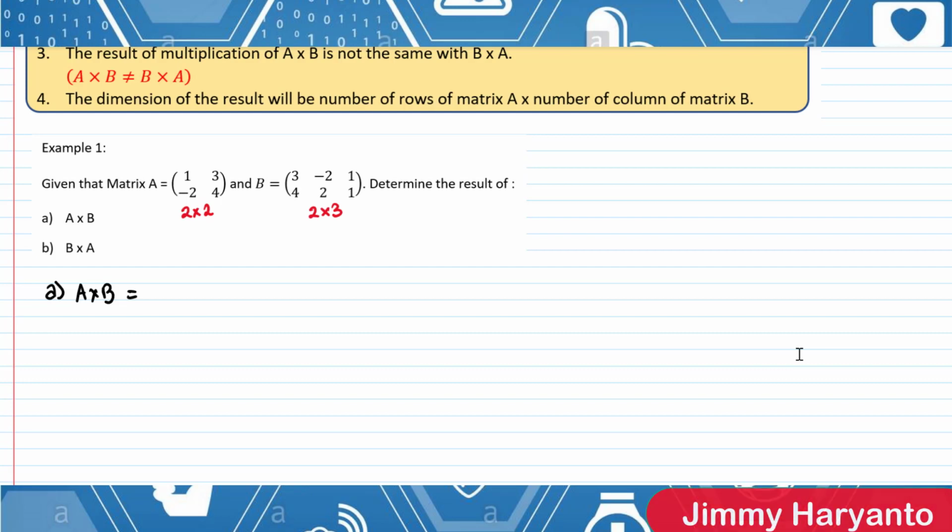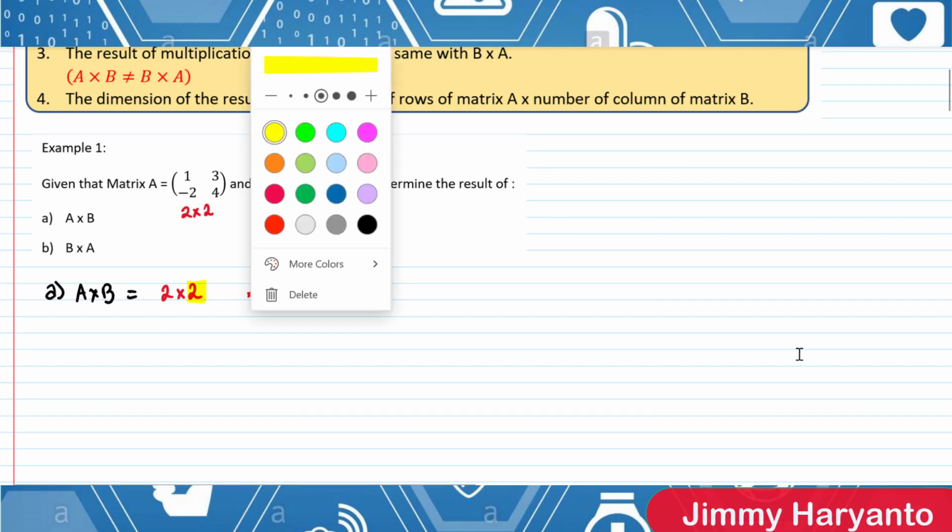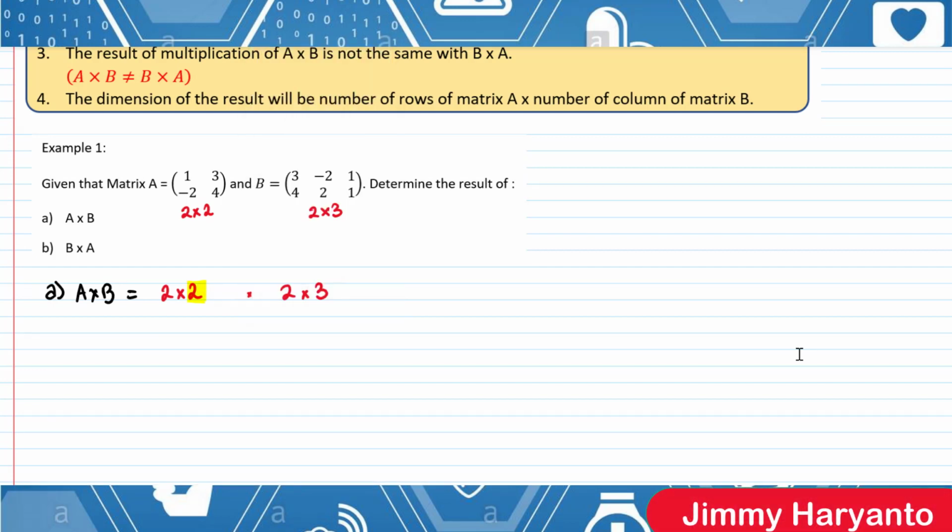So for A times B, we have a 2 times 2 matrix multiplied with a 2 times 3 matrix. For A, the number of columns is 2, and for B, the number of rows is 2 also.